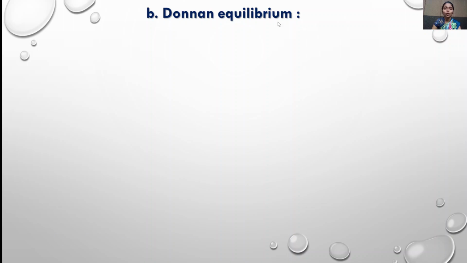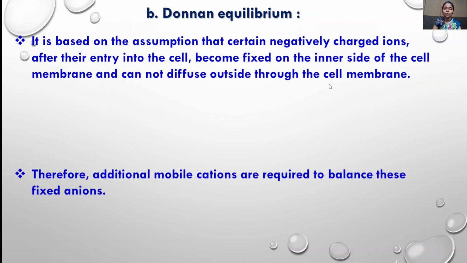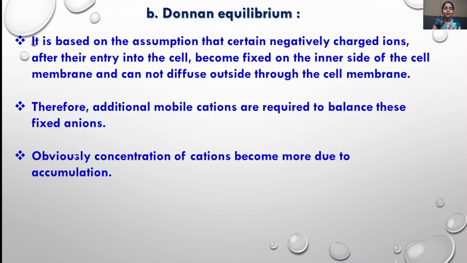Second is Donnan equilibrium. It is based on the assumption that certain negatively charged ions, after their entry into the cell, become fixed on the inner side of the cell membrane and cannot diffuse outside through the cell membrane. Therefore, additional mobile cations are required to balance their fixed anions.